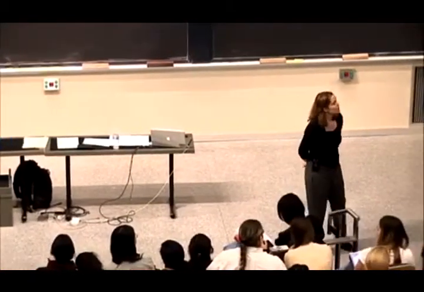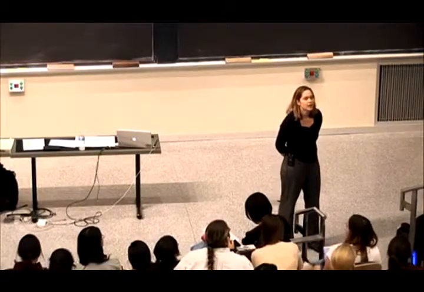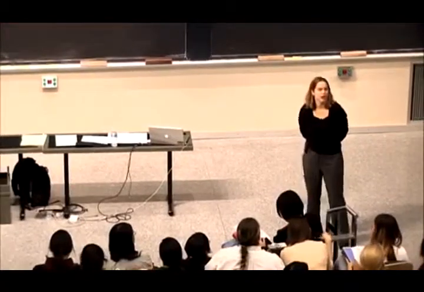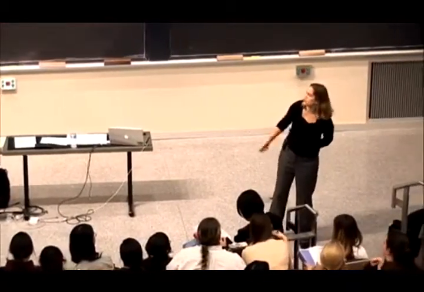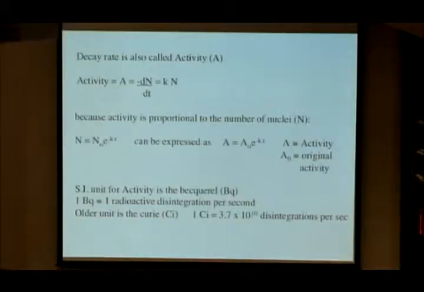So at first we had the Curie, but then that turned out to be a really big number. And when you were talking about safe units for workers to be exposed to, if they were being exposed to things at 10 to the 10th, that really isn't very healthy. So they wanted a much smaller unit.